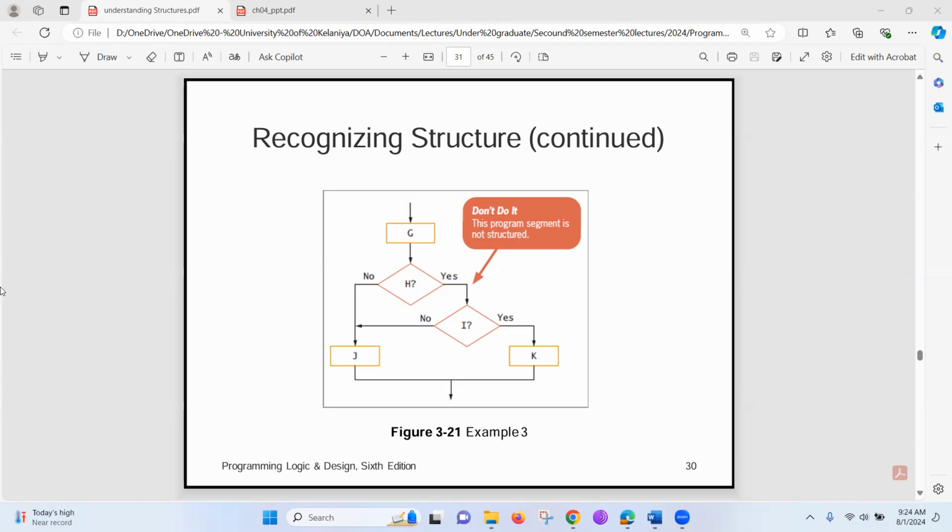Anyone? Exactly, students. This is not a structured one, right?